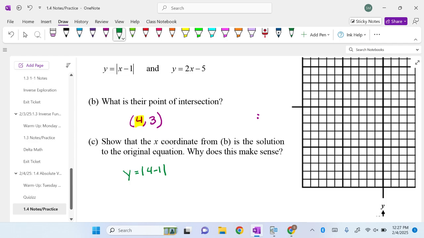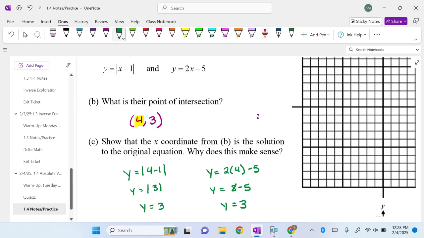It's the y value of the point of intersection. So I got y equals the absolute value of 4 minus 1, and y equals 2 times 4 minus 5. So this would be y equals the absolute value of 3, y equals 8 minus 5. So y would equal 3. y would equal 3.